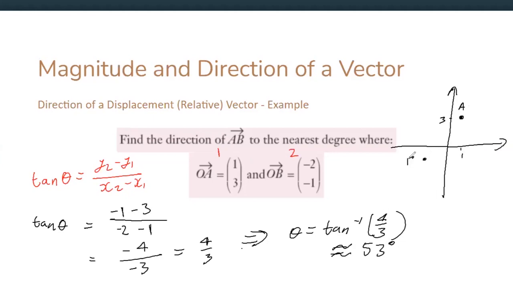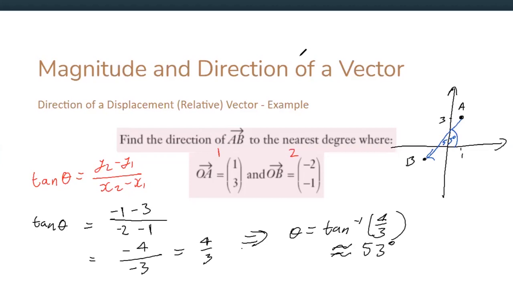So this is our point B. Our vector is actually going to be pointing down in this direction. Now, when we have 53 degrees here, we would expect this angle to be 53 degrees, because this is the angle with respect to the positive x-axis.